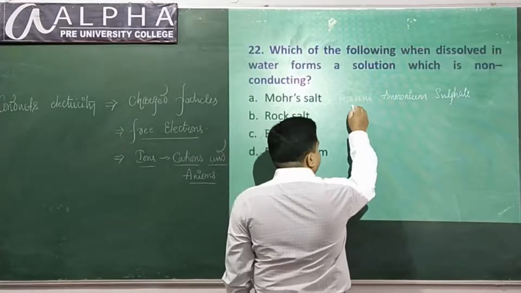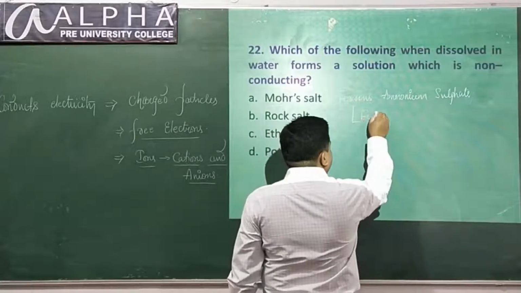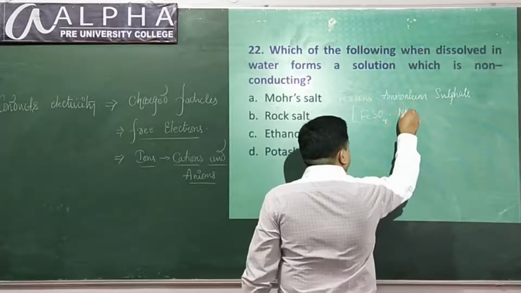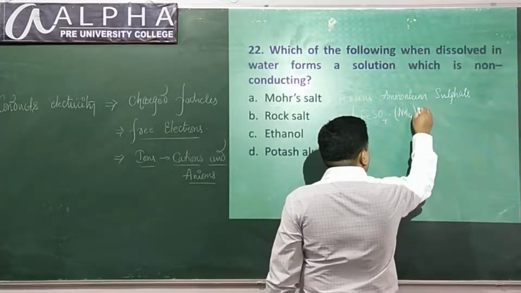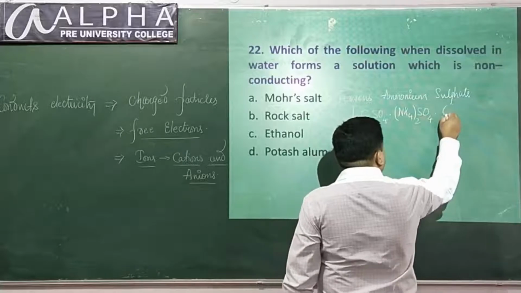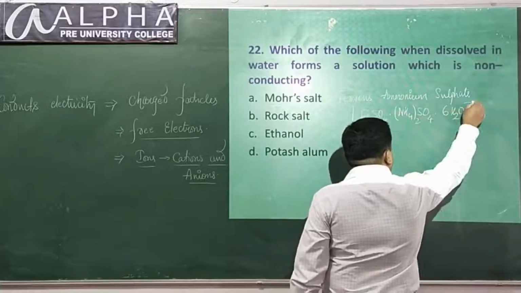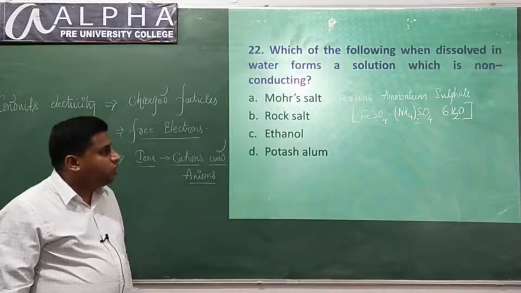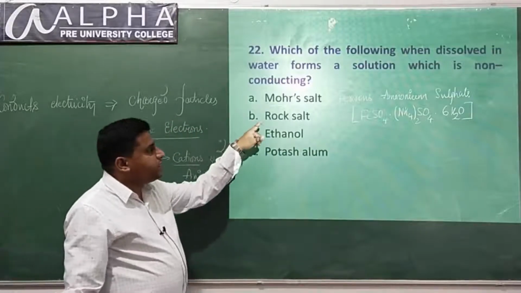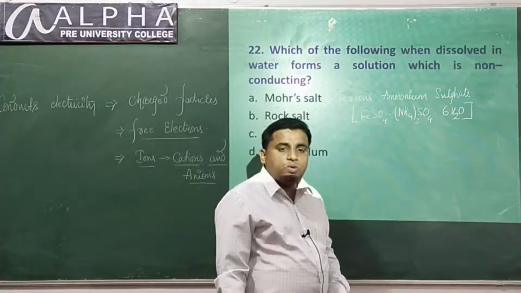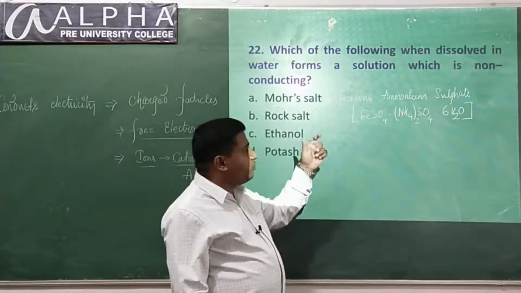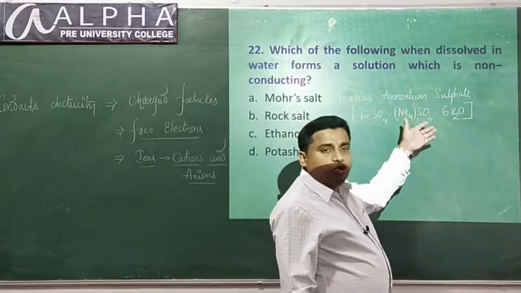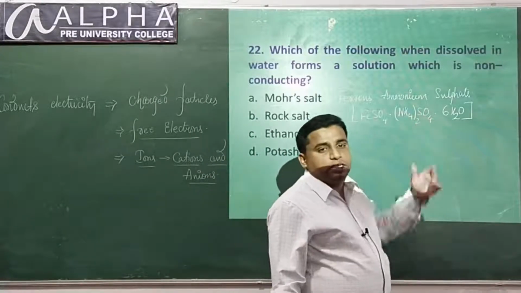It is FeSO4 dot (NH4)2SO4 dot 6H2O. This is called ferrous ammonium sulfate. So Mohr's salt means ferrous ammonium sulfate, FeSO4 dot (NH4)2SO4 dot 6H2O.